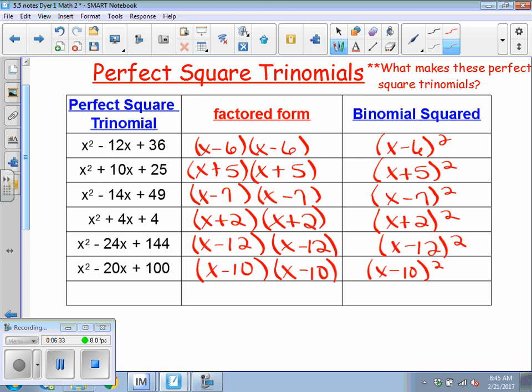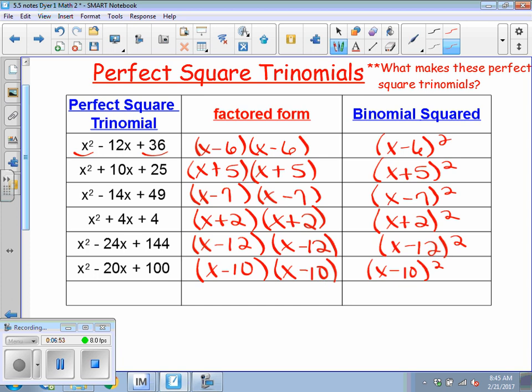But let's look at, first of all, our last term. This was a perfect square, so it's 6 times 6. 25 is a perfect square, 5 times 5. 49 is a perfect square, 7 times 7. So you have a perfect square on the front, perfect square on the back. What do you notice about the second sign? Always addition.